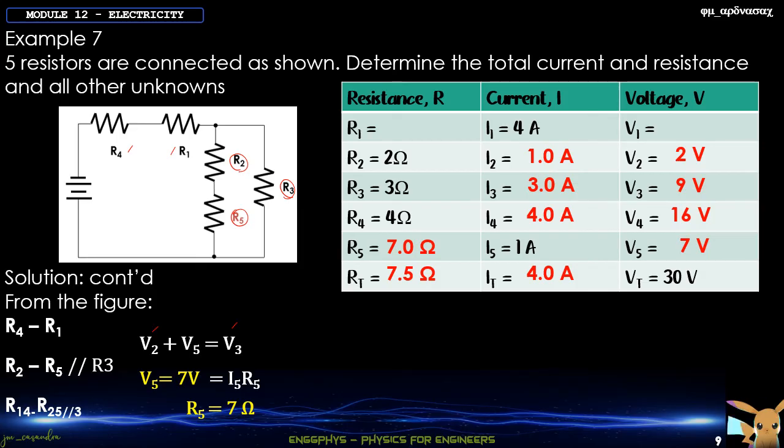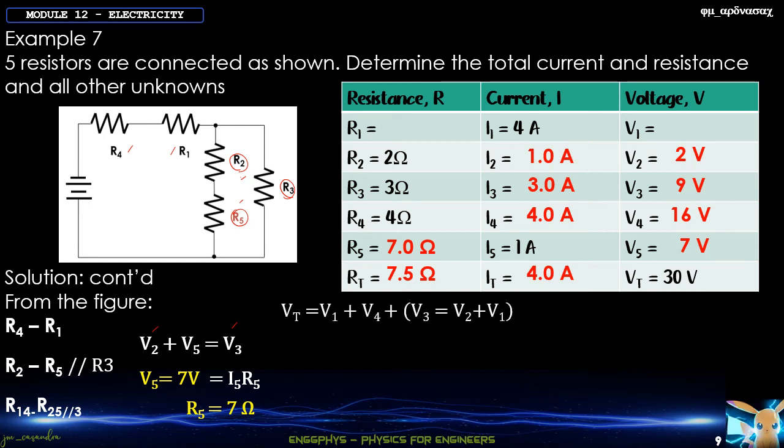So bago natin makuha yung R1, I have to first identify what is now the voltage of R2, R5, and R3. So since parallel sila, okay, so pag pinag-combine ko, the voltage of R2, R3, and R5 is also equal to the voltage of 3, which is now equal to 9.